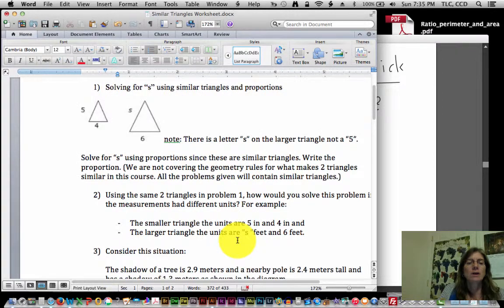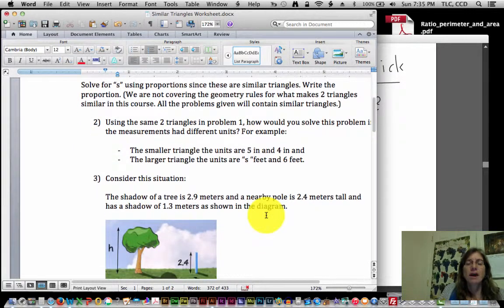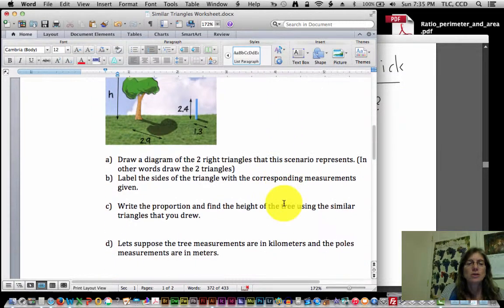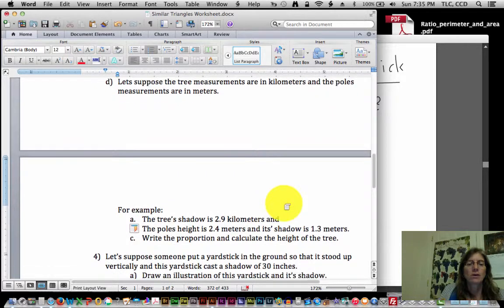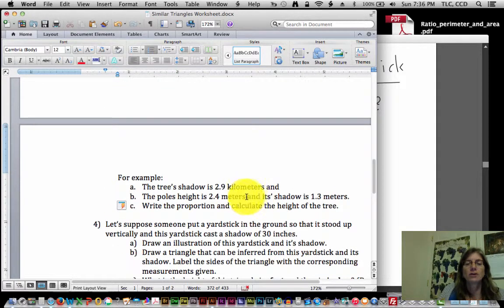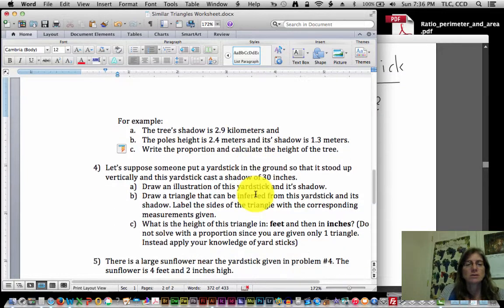I gave a video of that problem here: number 2, where you have a smaller triangle and a larger triangle, and I put units on the problem. There's a video for that. With that information, when you go from inches to feet or feet to inches, you should also be able to answer the last part of this problem with the tree and the pole, because you're going to go from meters to kilometers or kilometers to meters, you decide.